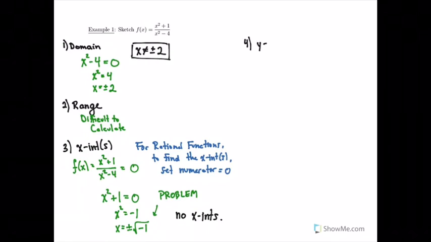Next, let's look at the Y-intercept. There can only be one Y-intercept, otherwise it's not a function. And that's going to be done by plugging 0 into the function. A nice, easy thing to do most of the time. This will give us negative 1 over 4.